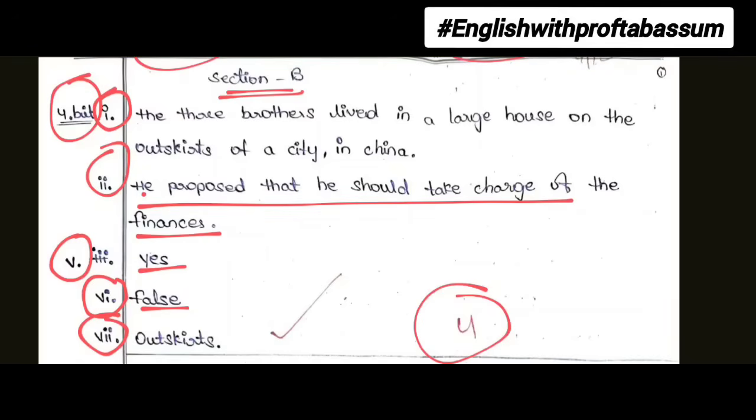Write properly to the point. Like for example, here the question was in the first one that where did the 3 brothers live? So live in the answer has changed to lived. The 3 brothers lived in a large house on the outskirts of a city in China. So this way proper sentences you need to write to the point.